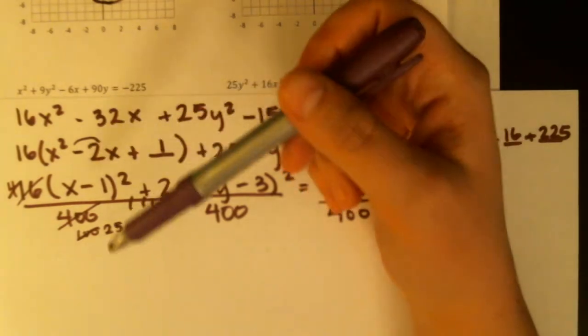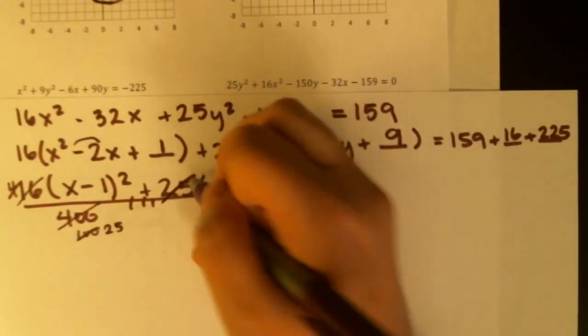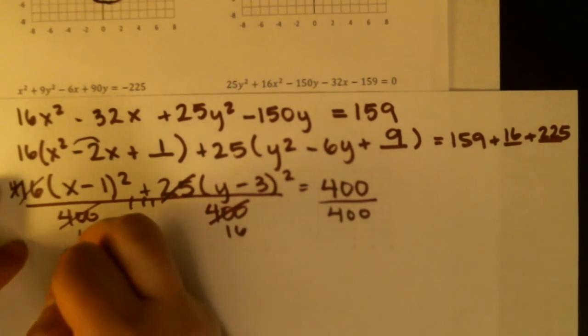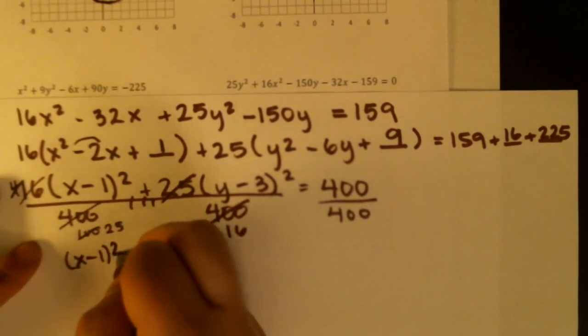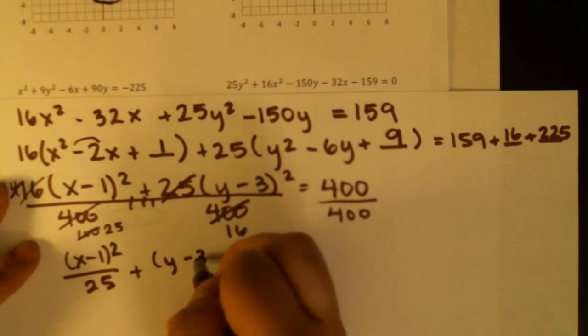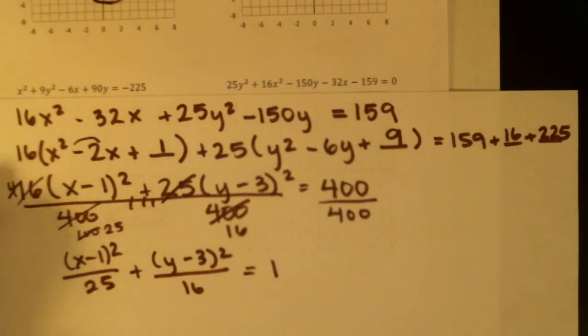Okay, so basically what that just told me was that 16 times 25 is 400. So here I'm going to be left with the 16. That happens a lot, but it's not a rule that they have to be a product of each other. So make sure you really do check. Okay, so I have x minus 1 squared over 25 plus y minus 3 squared over 16 equals 1.